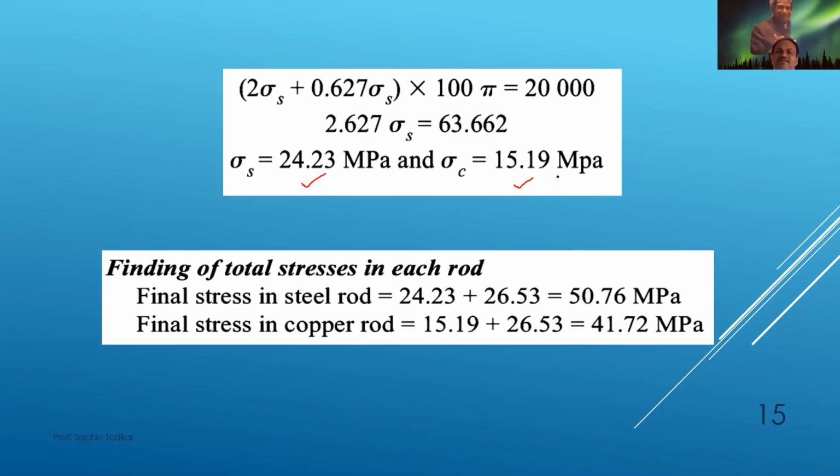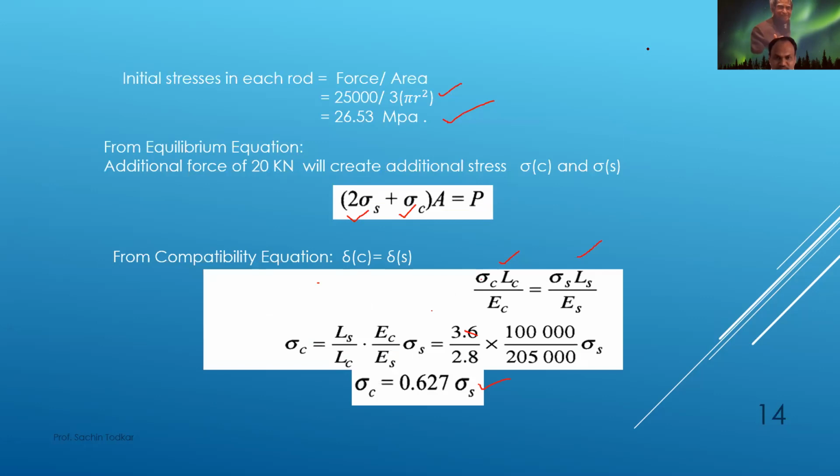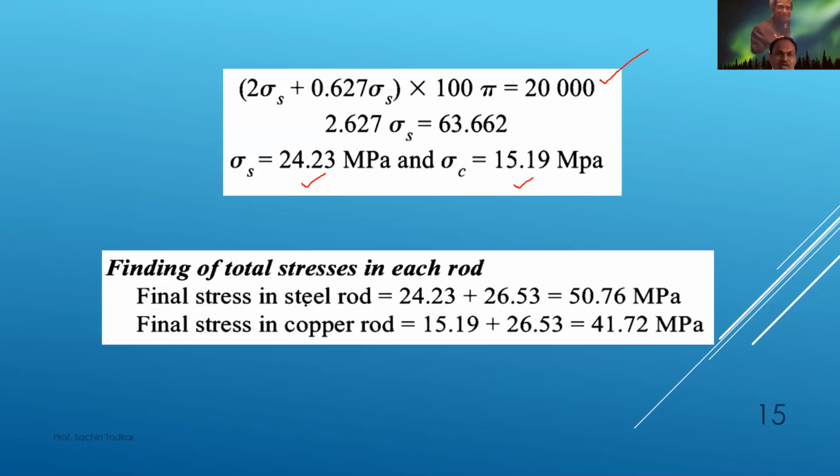Now these are the stresses after applying the 20 kilonewton load, but there are some initial stresses also. We calculated it in the previous slide: the initial stress is 26.53 megapascal. So we have to add that 26.53 megapascal in each case to get the final stresses.